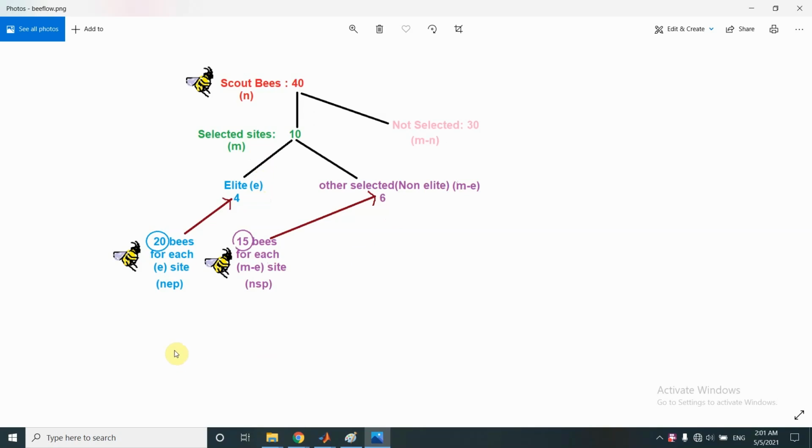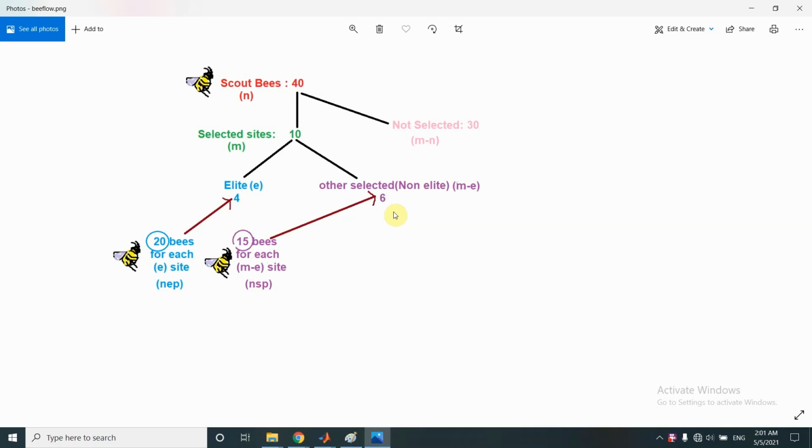Now in the next iteration we will send 20 bees to each of the elite sites and 15 bees to each of the non-elite sites. That is, we have 4 elite sites, so 20 bees will be sent to each of the 4 sites, and 15 bees will be sent to each of the 6 non-elite sites.